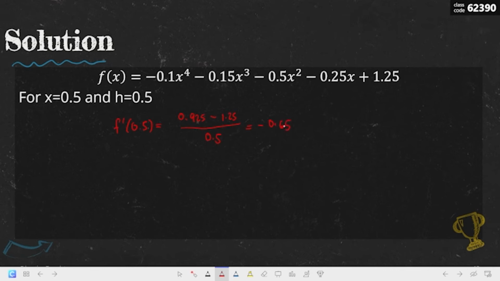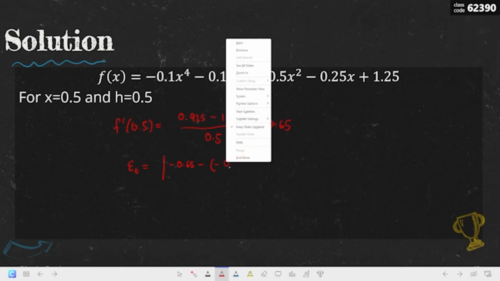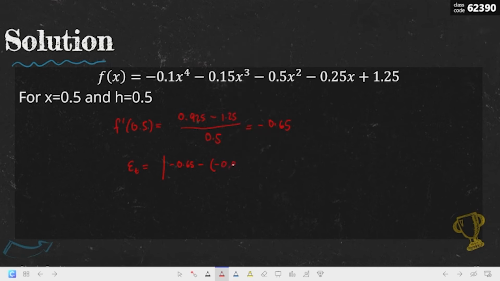So we'll get the error: our true value error is the absolute value of negative 0.65 minus negative 0.9125, divided by negative 0.9125, times 100%.